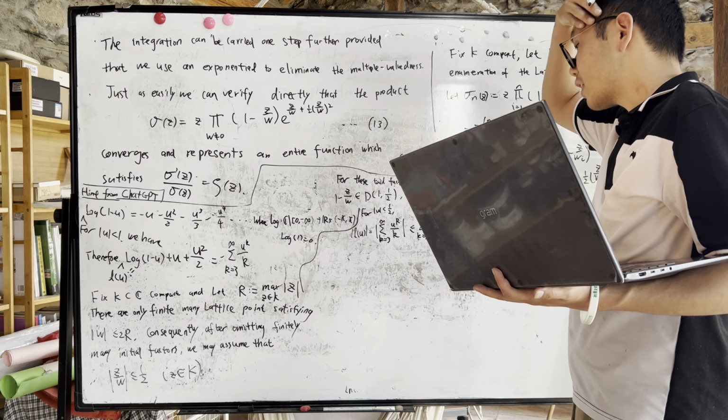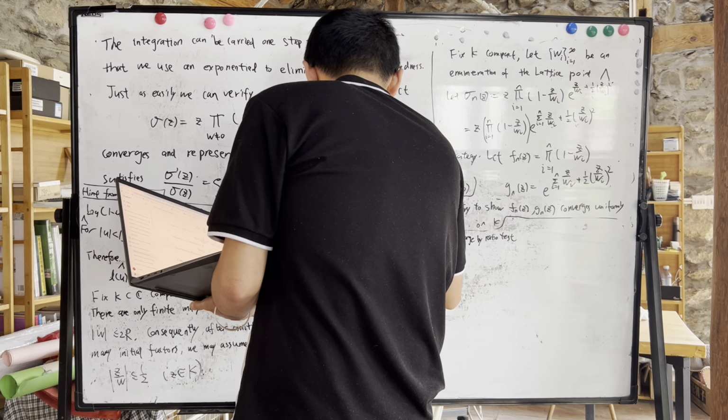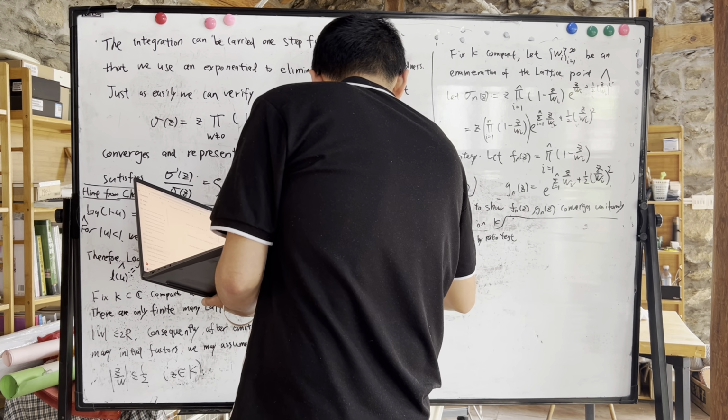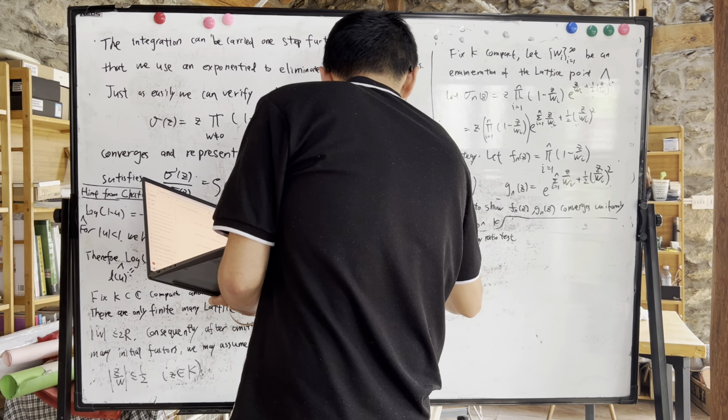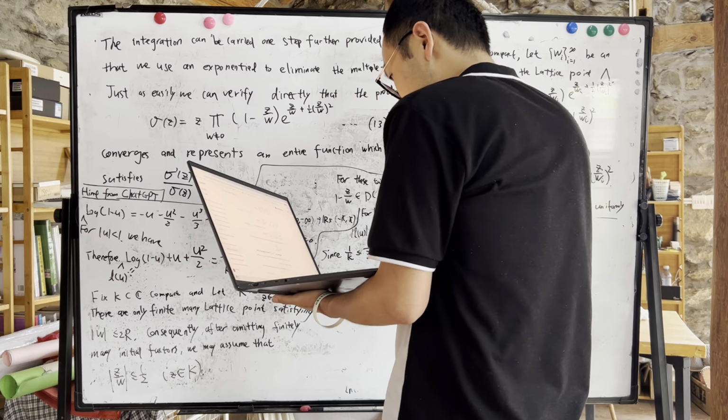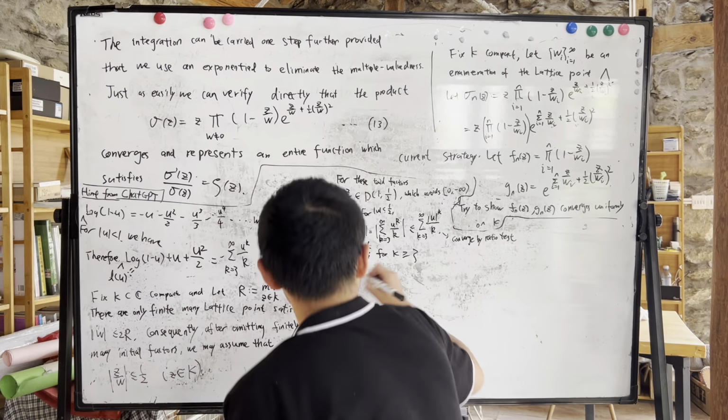So therefore, since 1 over k is less than or equal to 1 over 3 for k bigger than or equal to 3, we have the modulus of L of u, which is less than or equal to 1 over 3 times the summation k from 3 to infinity of modulus u to the k's power.